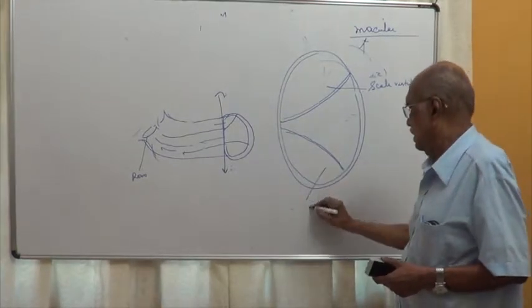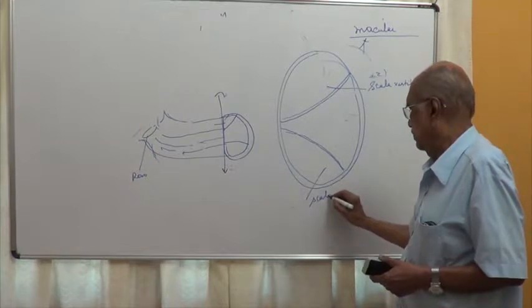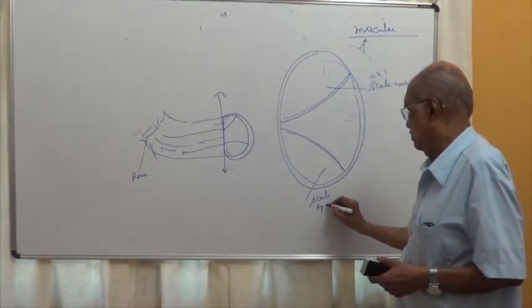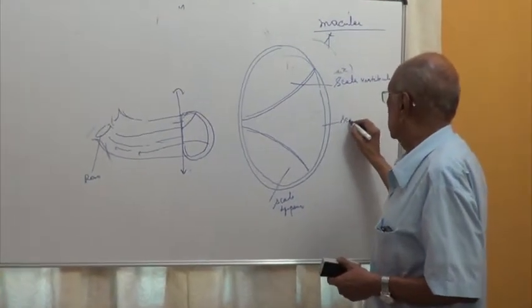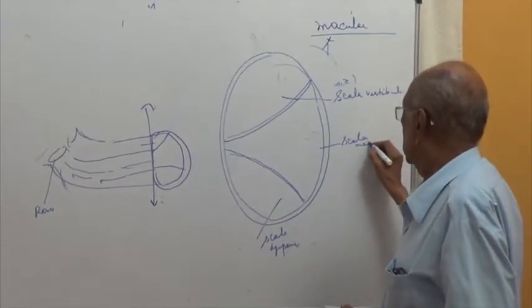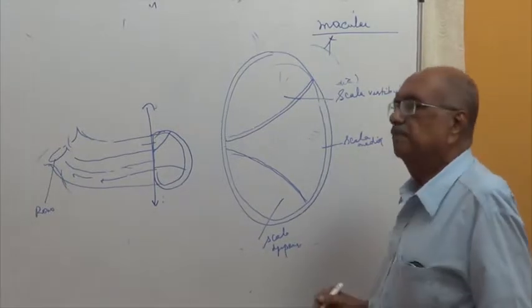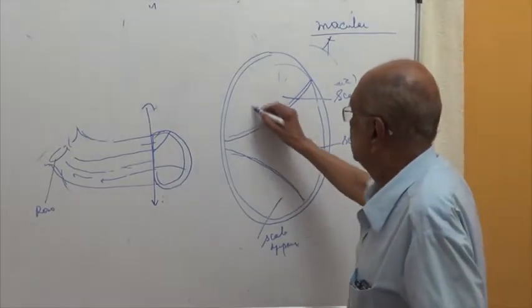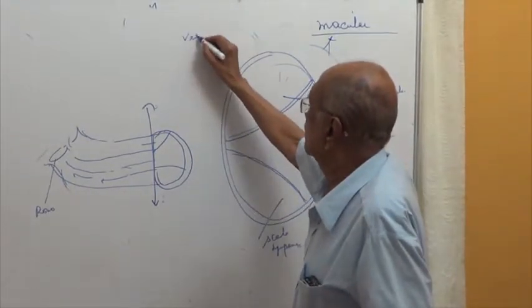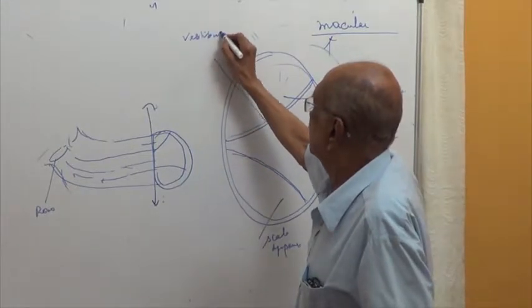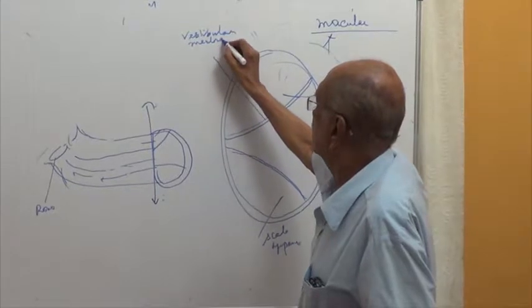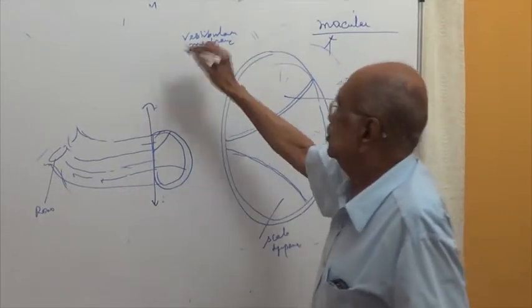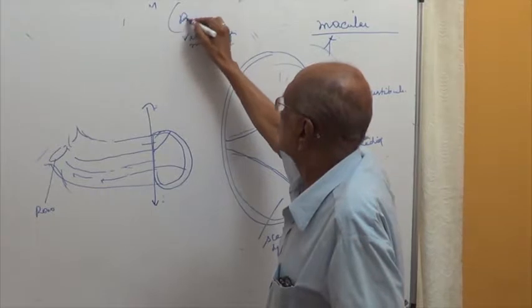This is scala tympani. This is scala media. This is the vestibular membrane, also called Reissner's membrane.